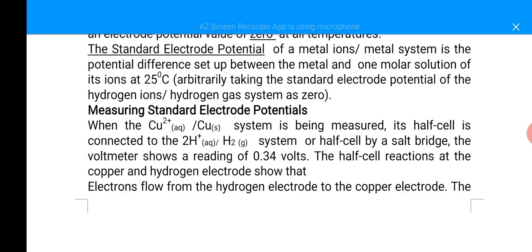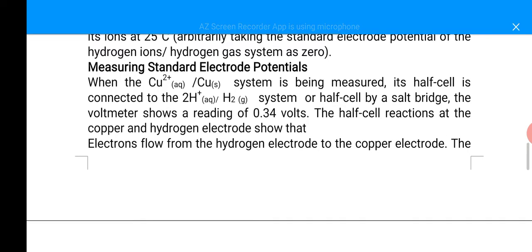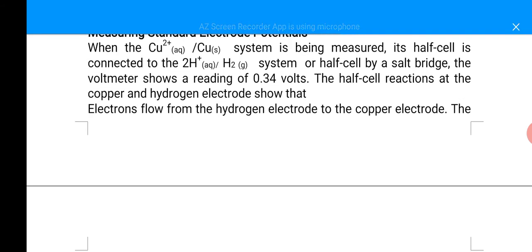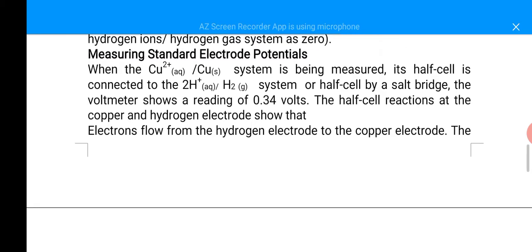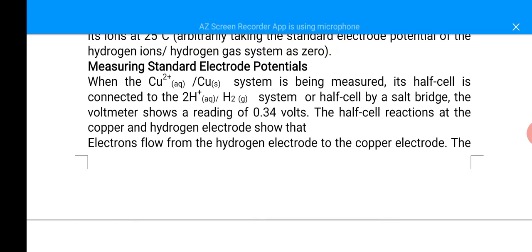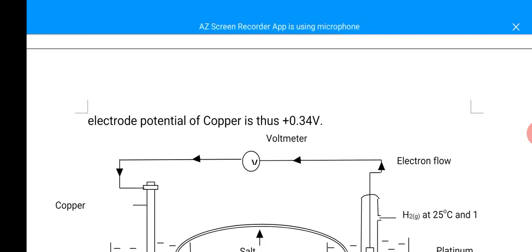Now the half reactions at the copper and hydrogen electrodes show that electrons flow from the hydrogen electrode to the copper electrode. Meaning that oxidation takes place at where? It takes place at the hydrogen side, while reduction takes place at what? At the copper side, because it is the one that gains the electrons.